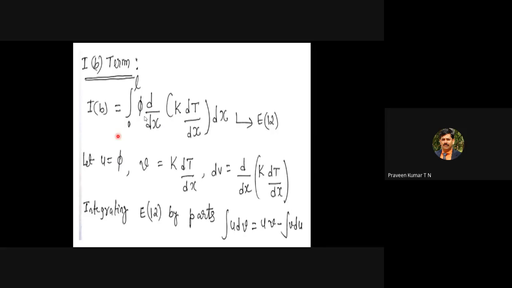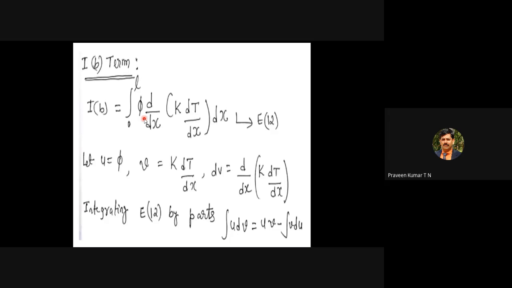That's why we are taking u equal to phi. The d by dx of k into dT by dx is v, and dv is this complete term. If you go by integration by parts, we have equation number 12 in a mathematical way.